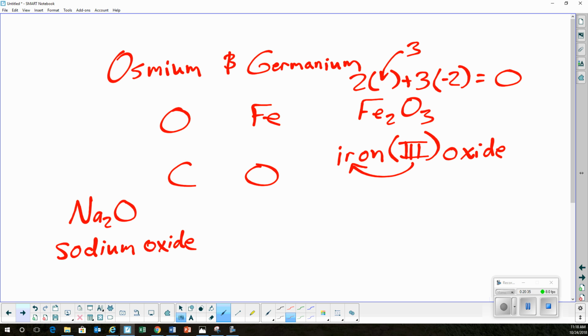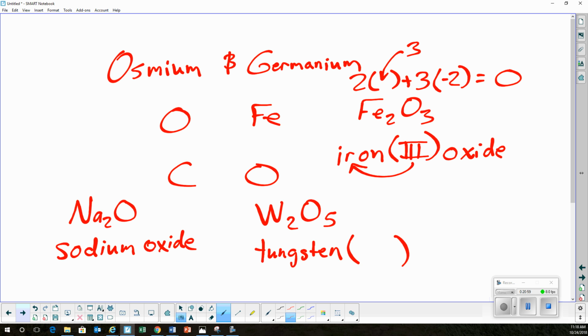Okay, what about this one? I should use something different besides oxygen. I will next. I'm just stuck on oxygen. Okay, W is what? Tungsten, okay. Roman numeral or not? Okay, space for Roman numeral.